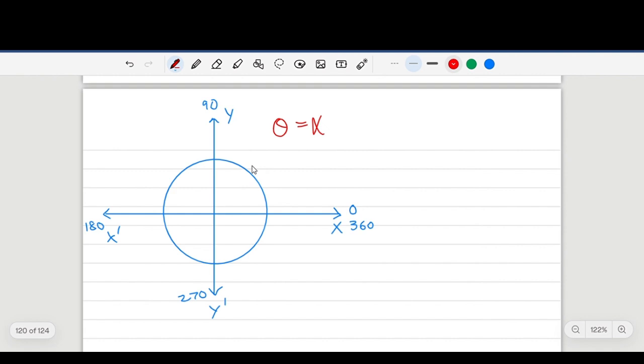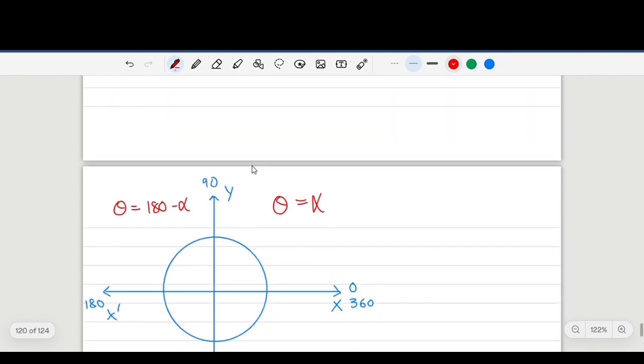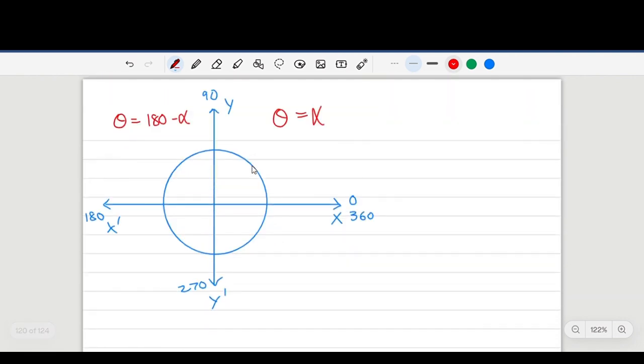In the first quadrant, theta is the same as alpha. In the second quadrant, theta will be equal to 180 minus alpha. In the third quadrant, theta will be 180 plus alpha, and in the fourth quadrant, theta is equal to 360 minus alpha.